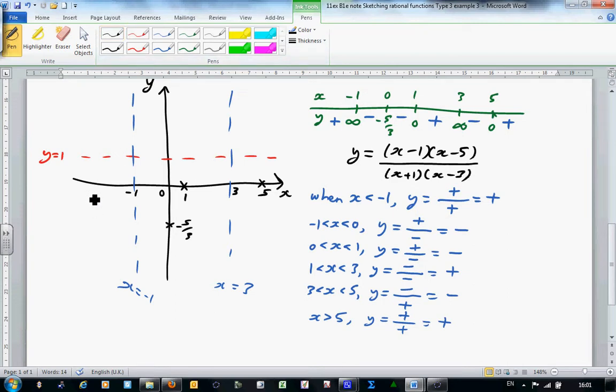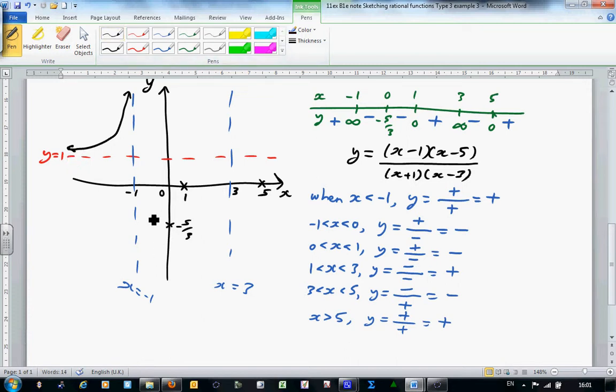Next section is negative between -1 and 0. So it's negative between -1 and 0, which is from here to here, and it must go through that point. So I'm guessing it looks like that because you can't cross the asymptote.